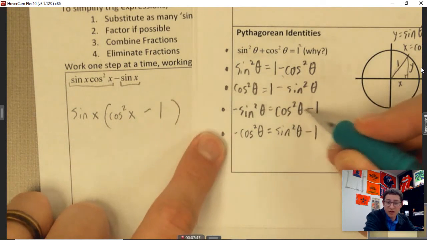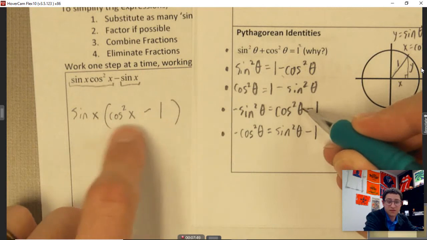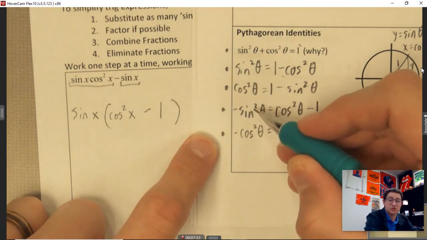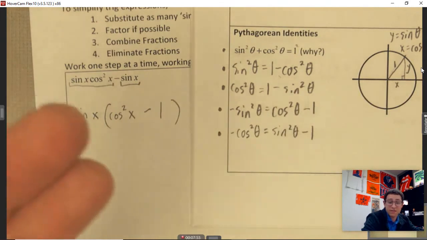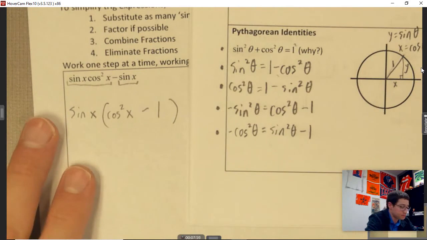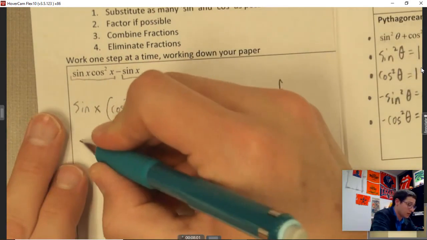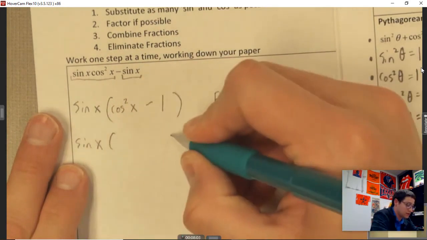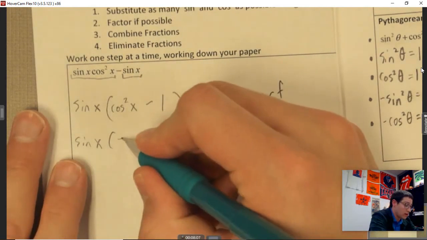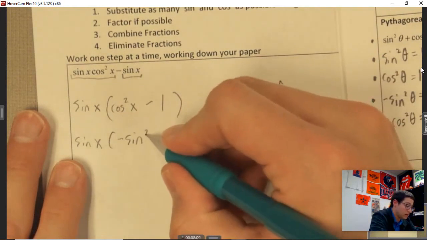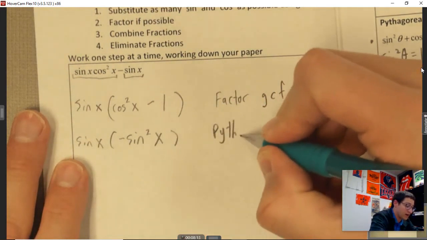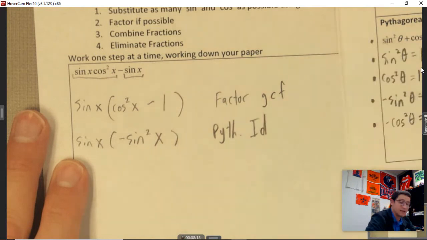So instead of this, I can replace it, because these are equal, with negative sine squared of x. And that's a whole lot more simple than cosine squared of x minus 1. So I've got my sine of x here, that doesn't change. And then in the parentheses, I can replace it with negative sine squared of x. And that was the Pythagorean identity.